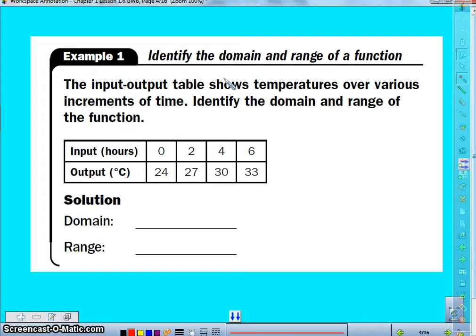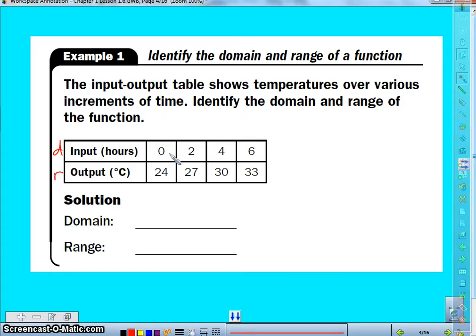Alright, so we're going to identify the domain and range of a function. When you look at this, you've got an input and your output. We already said that the domain was our input, so I'm just going to put a little D right there. And the range is our output. Now, when you're looking at a table and it gives you specific values, you need to say that the domain is each one of those values.